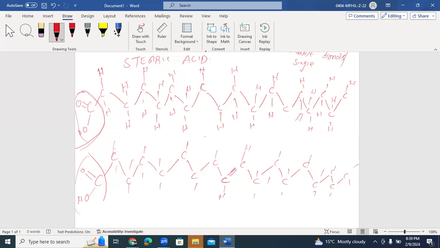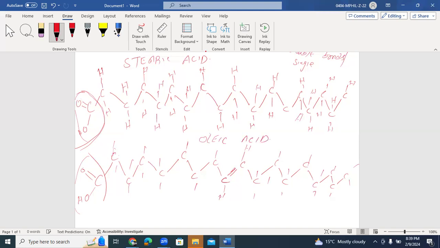This is stearic acid, and this is oleic acid. Here 2 hydrogens are fewer because of the double bond present between 2 carbon atoms. Are you getting this point? Is it easy, or is there anything you want to ask? Okay, great.